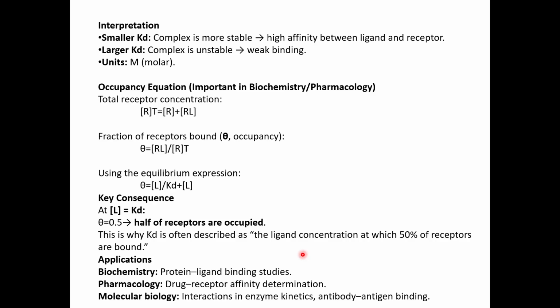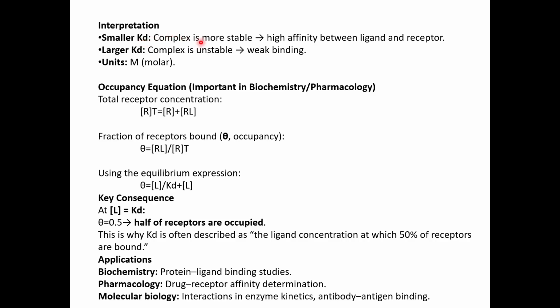So, how do you interpret it? Like, how do you know when you have a dissociation constant? How can you understand the affinity from it? So, the smaller the KD, that is, if you have a small numerical value of your KD, that means the complex is highly stable.